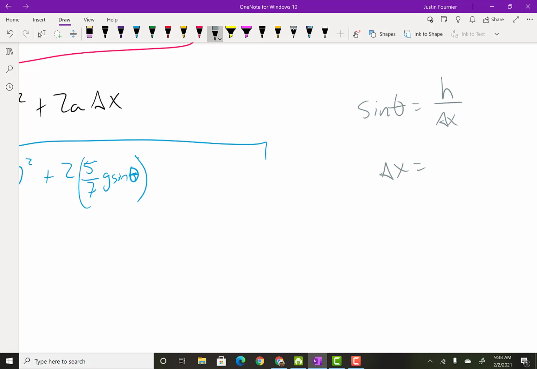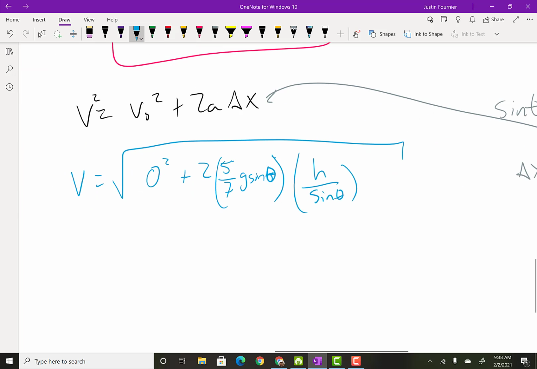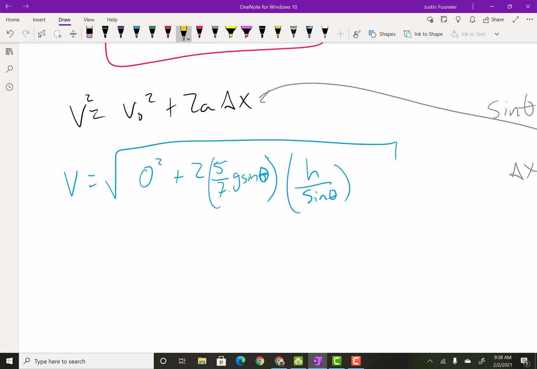Isolating delta x gives me h over sine theta. I'm going to plug that in there, and sure enough, sine theta cancels sine theta.